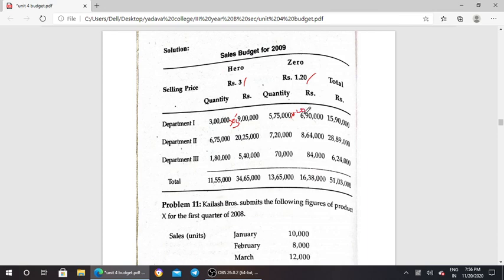So you will be getting all these things. They have different branches. The sales price is 3 rupees for Hero and 1 rupee 20 paise for Zero. So when we calculate, for Hero we multiply all the quantity with 3, and for Zero we multiply all the quantity with 1 rupee 20 paise.